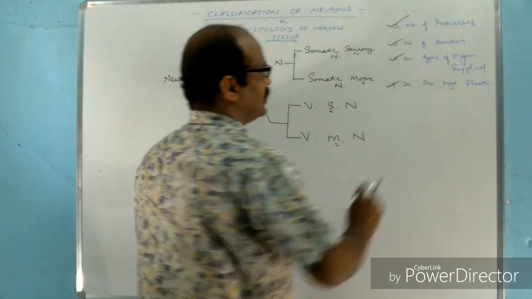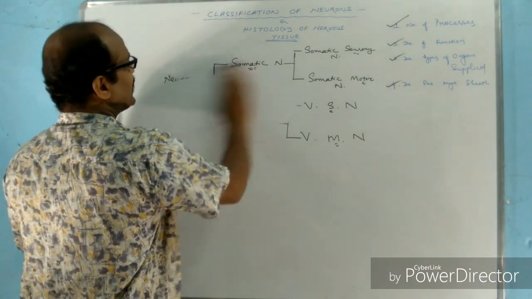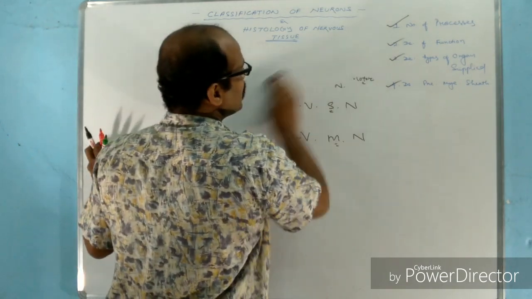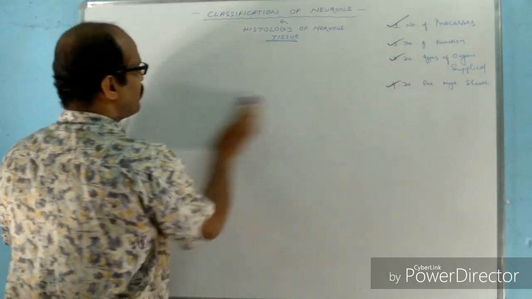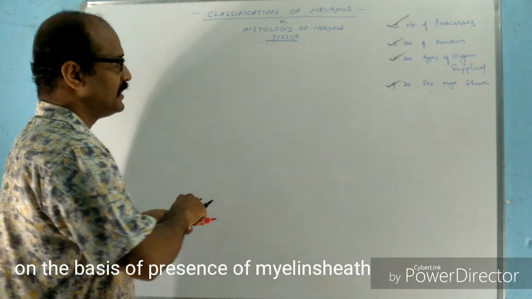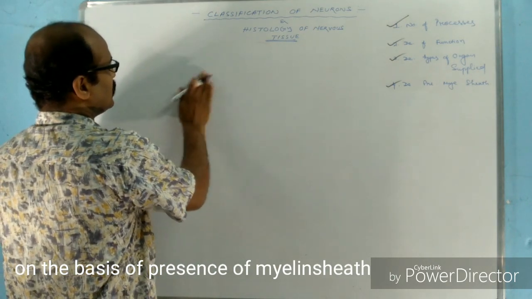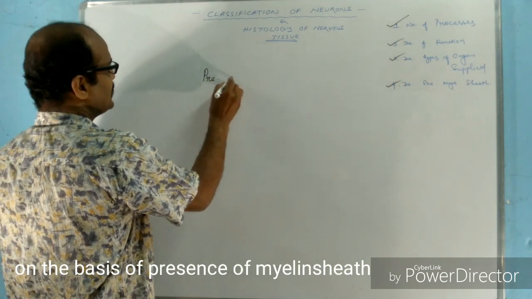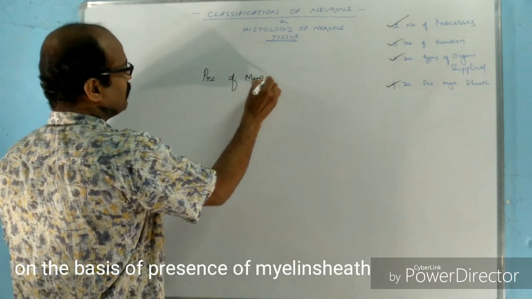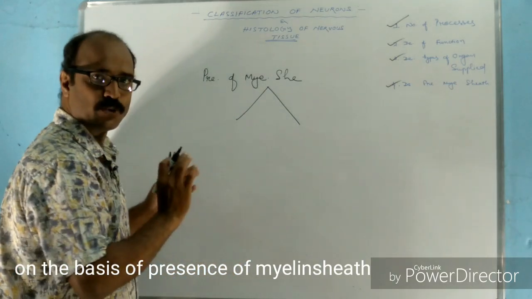Then the last one is the classification of neurons depending on the presence of myelin sheath. As you know a little bit, on the basis of the presence of myelin sheath, the neurons are of two types.